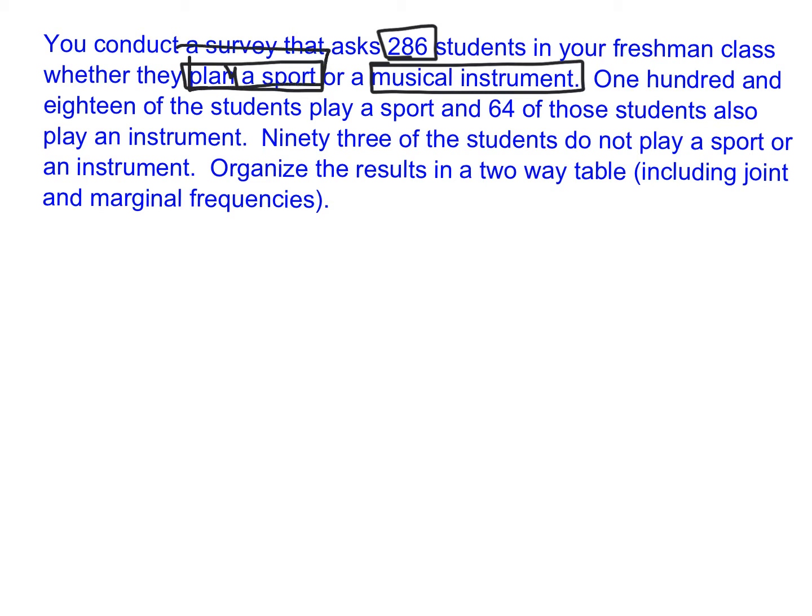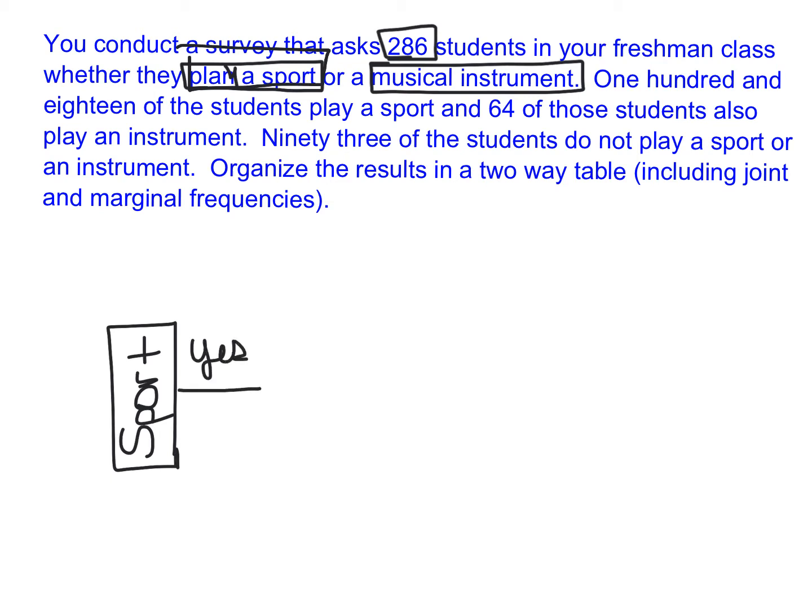I'm trying to figure out whether or not kids play a sport, so I'm going to write down the word sport here. I know I'm going to have two boxes coming off of that, since they either play a sport or they don't. So I'm going to write down yes, they play a sport here, and no, they don't play a sport here. Those are my categories running with the rows.